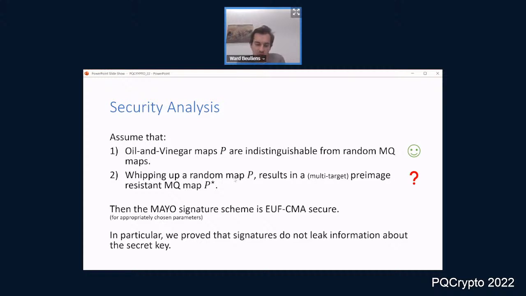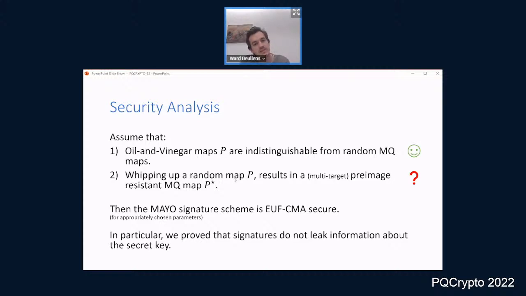But we can prevent this with Mayo by just making the dimension of our oil space bigger than M. So now you're solving a system of equations where you have more degrees of freedom than equations. So with a huge, overwhelming probability, there will be a solution. So you can just pick a random solution. And in this way, you can prove that your signatures don't leak any information about the secret key.